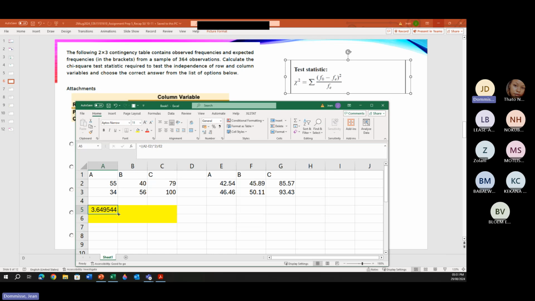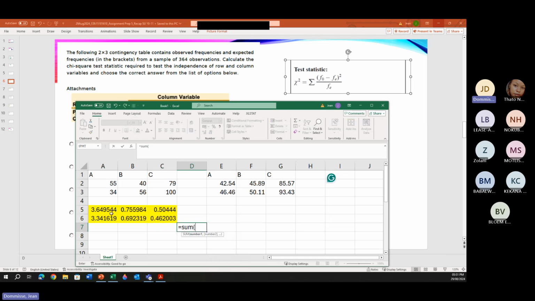Okay, so, and then again, observed minus expected to the power of 2 divided by the expected. Exactly the same there, and there, and with that one. So I will share this with you guys as well.